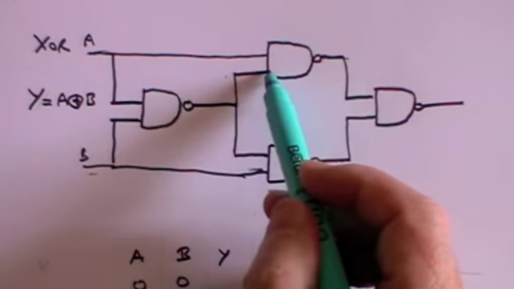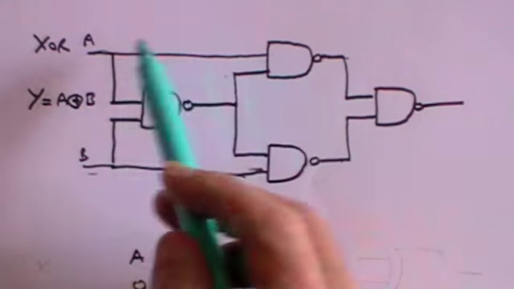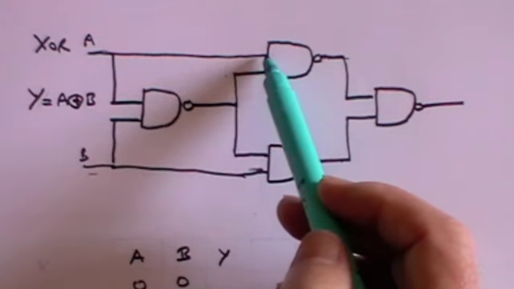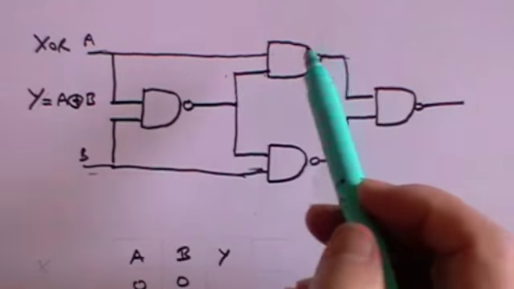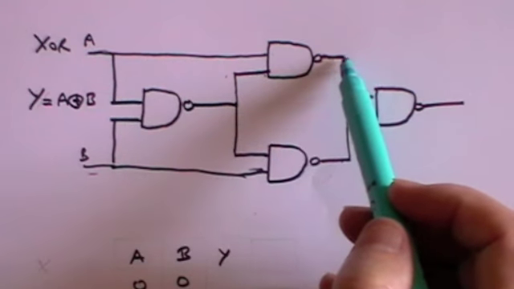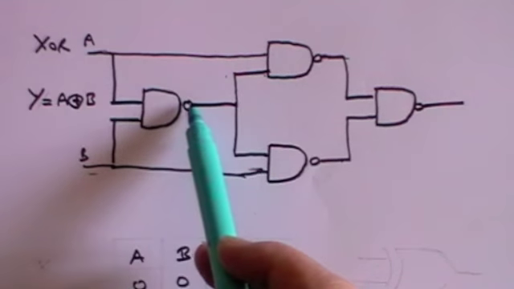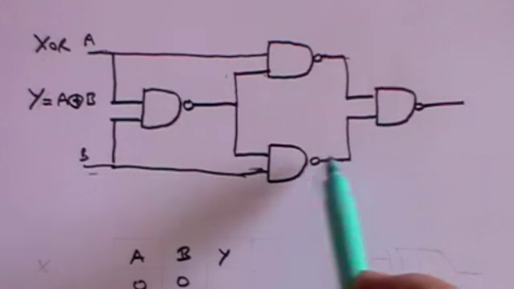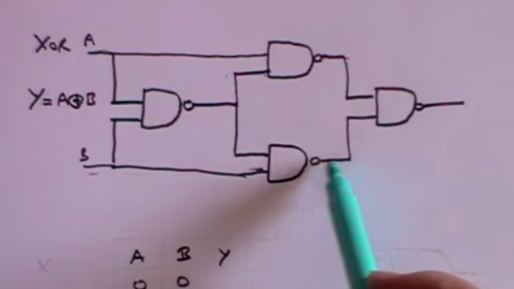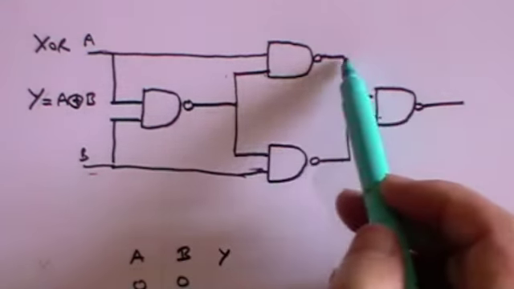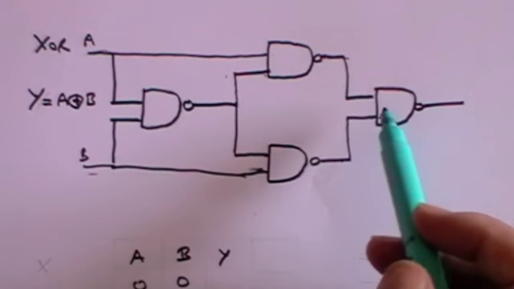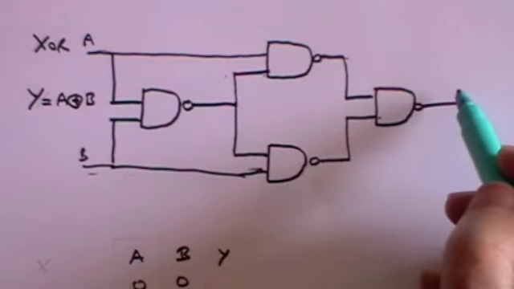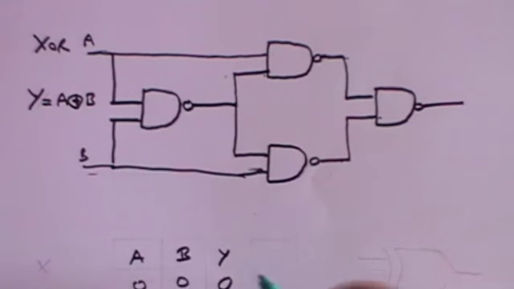So we'll now have a positive output going in here with a 0 coming in here. A 1 and a 0 still gives you a positive output. Similarly here, we had a positive output going in with a 0, that still gives a positive output. We've now got positive coming in here, positive coming in here, and 2 positives going through a NAND gate will give you a 0 output.